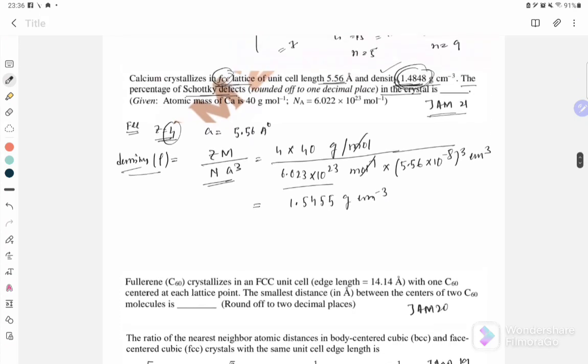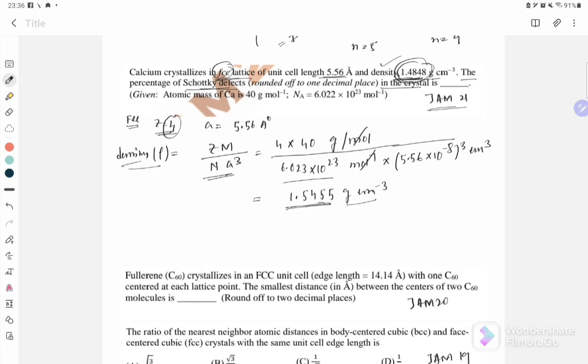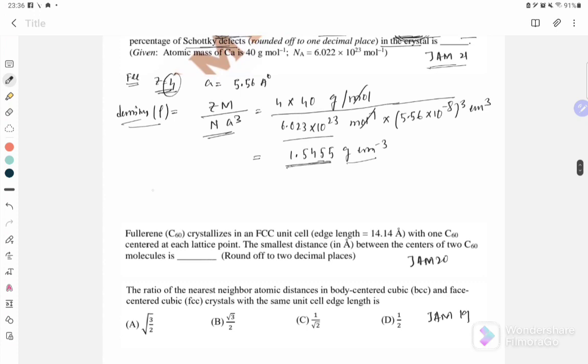Okay, and we have this density. We can see that the calculated density is 1.5455 gram per cubic centimeter, and the given density is less than this one. So there is a significant decrease in density, and the percentage of Schottky defect means the decrease of density from the lattice.